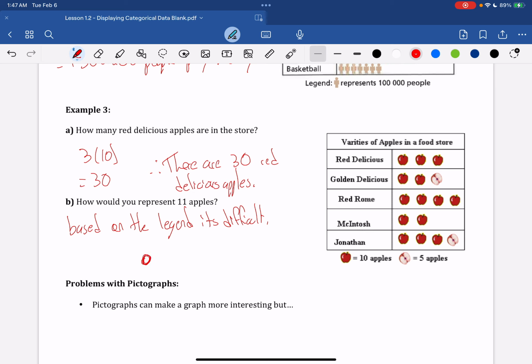Like I got a red apple here. We know that's 10. And then I could look and see, you cut the apple in half to get 5. What if I just take 1/5 of that, a little part over here, like this tiny little sliver of a slice? Maybe that represents 11 apples. It's not very clear what I'm doing, and it gets more and more confusing.